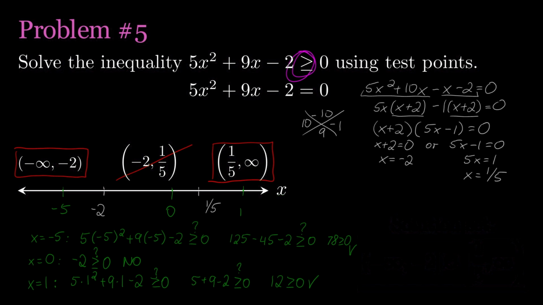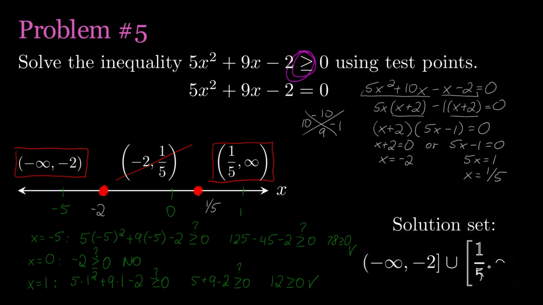I'm just gonna put big solid red dots at those endpoints to indicate they also belong to the solution set, which is the union of those two intervals from -infinity to -2, including that endpoint -2, meaning a bracket, with the interval from 1/5 to infinity, again including that left endpoint 1/5, so we use a bracket on that side. And that's the solution set to our inequality.